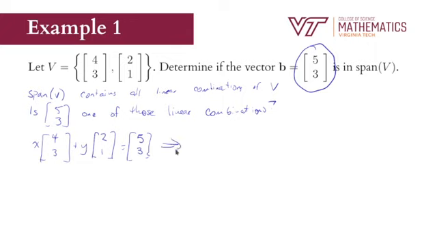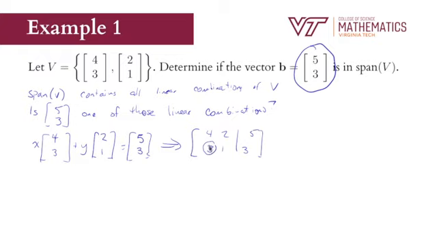And this is equivalent to solving the system whose augmented matrix looks like this. Now I'm only going to do one row reduction step here. The one row reduction step I'm going to do just to put this in echelon form is to get rid of this 3 and change it to a 0.